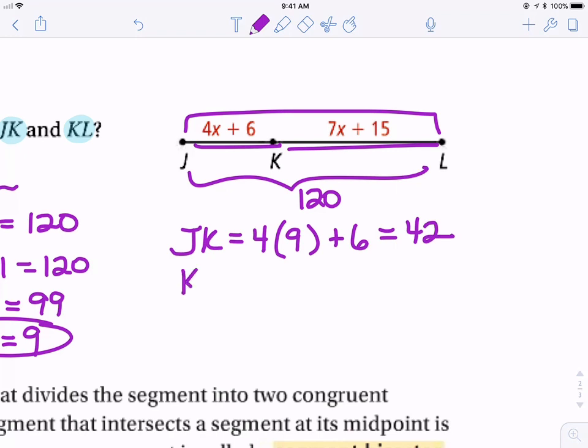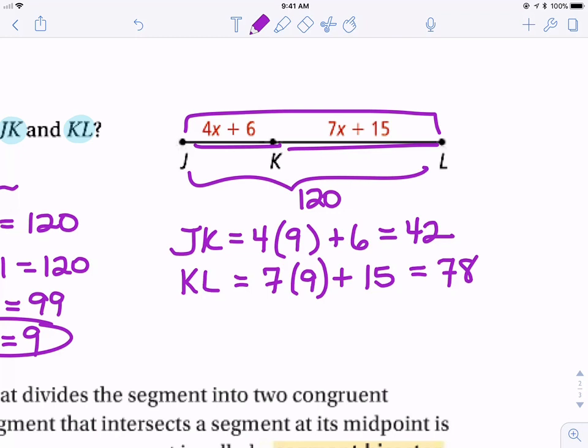And then KL is 7 times 9 plus 15. Sorry about that. 63 plus 15 would be 78.